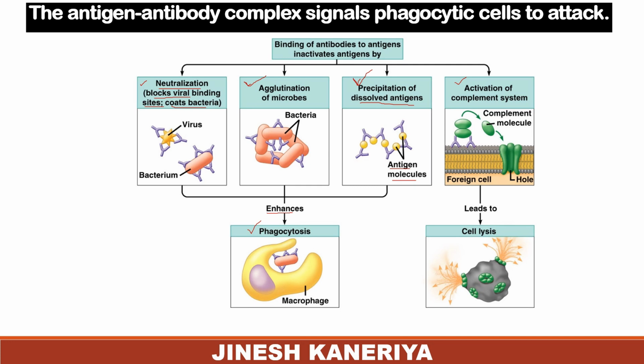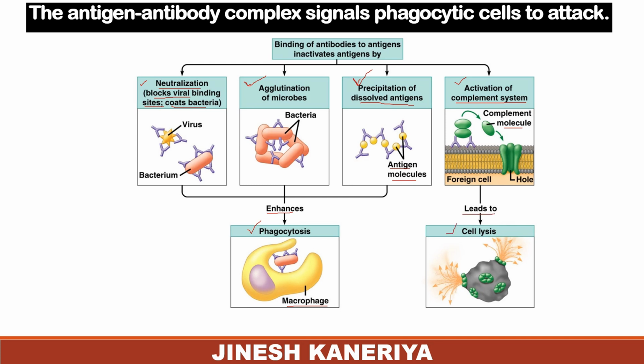and then the phagocytic cell, like a macrophage, engulfs the antigen antibody complex for destruction. After all, activation of the complement system also participates in the antigen antibody complex. Complement molecules attach to the infected cell, which leads to cell lysis.